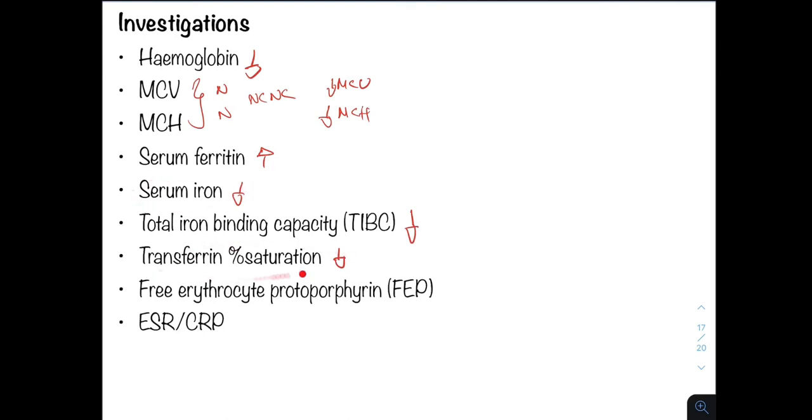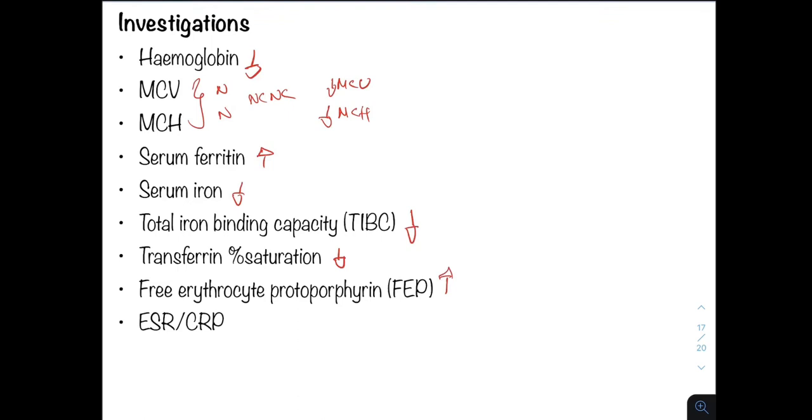As more serum iron is used for heme synthesis, this will decrease, and likewise transferrin saturation will decrease as less iron becomes available. The free erythrocyte protoporphyrin would be increased, and we have explained why.